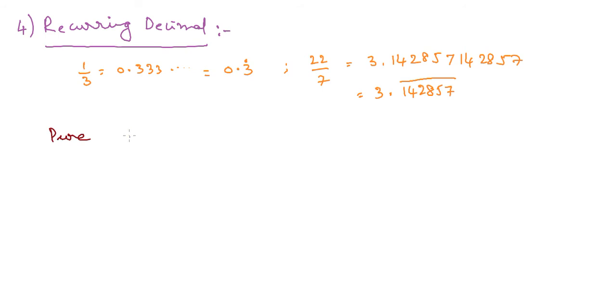For example, 0.5 dot, and one more example is 0.53 bar. Similarly, 0.067 bar. So these three digits are repeating continuously. These types of recurring decimals are called pure recurring decimals.